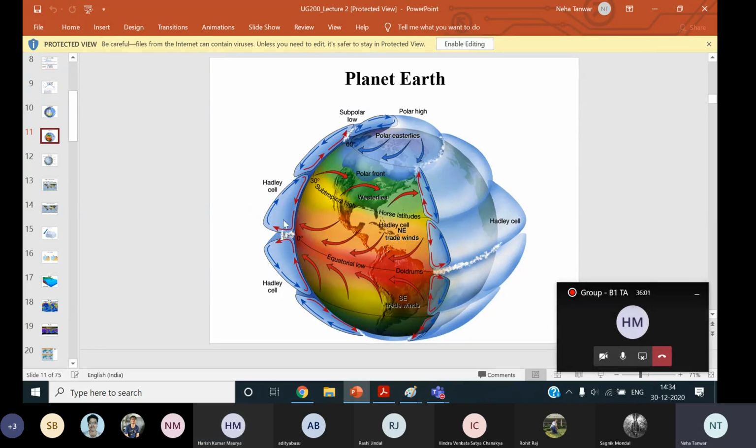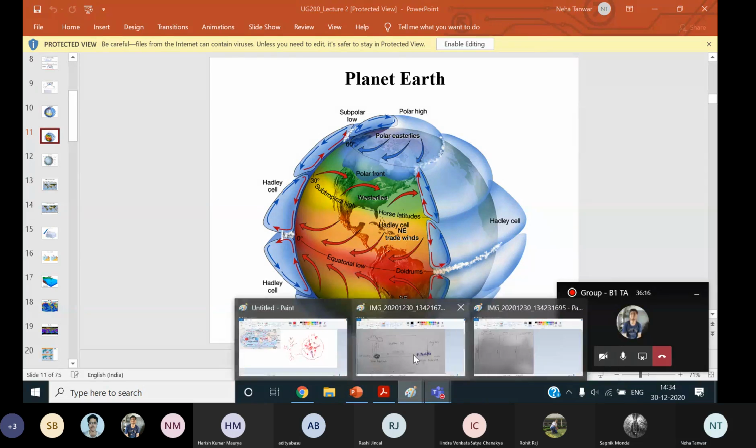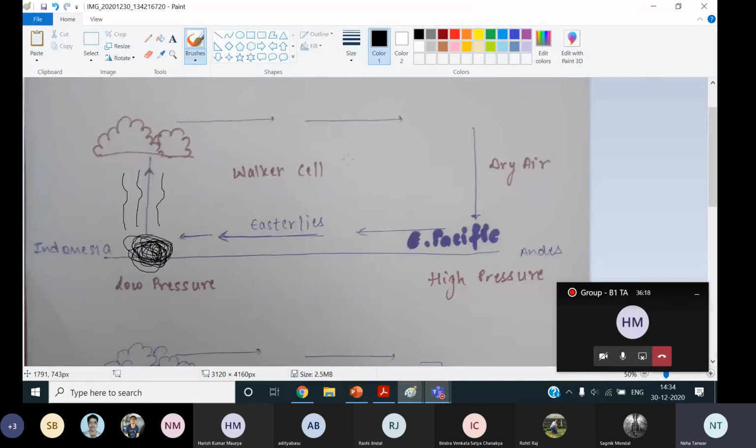So these are meridional when we are moving along the longitude. But when we are moving along the latitude, that is known as zonal component or zonal direction. So the Walker cell is actually a zonal cell. All the wind circulation that we are talking about here is along the latitude. So I hope you understand the difference between Walker cell and the Hadley cell.